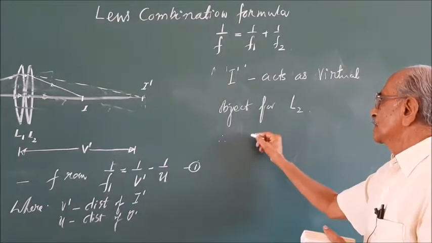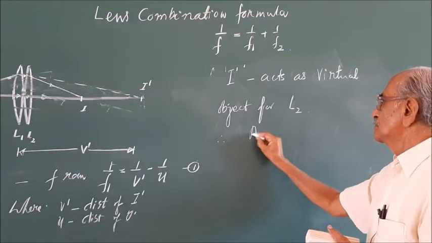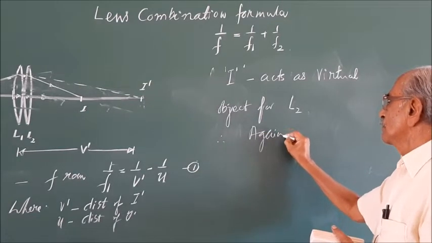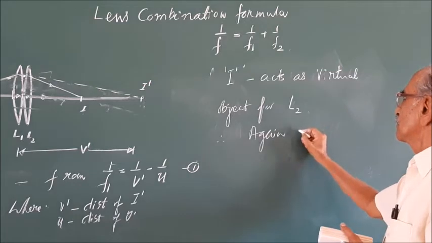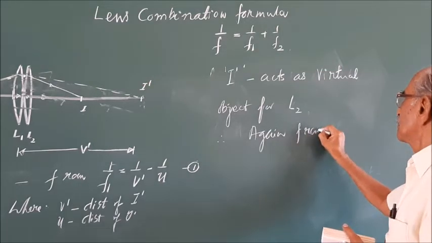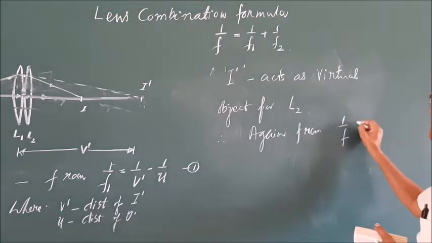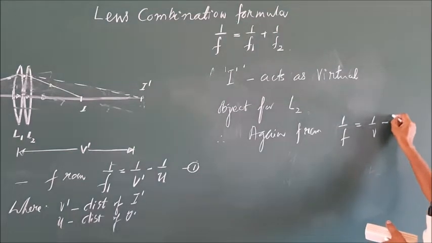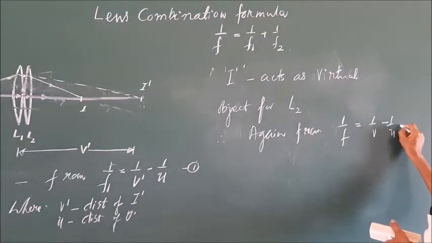Therefore, again from 1 over f equals 1 over v minus 1 over u, I apply this relation.